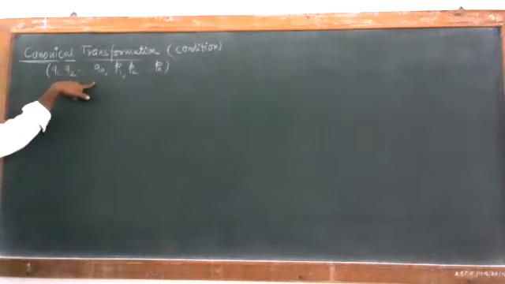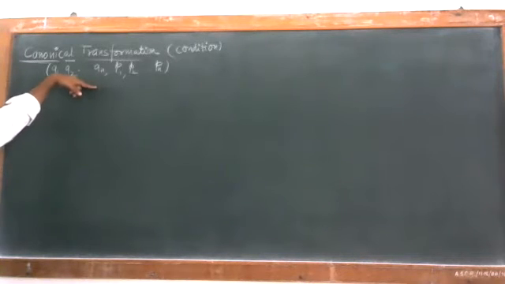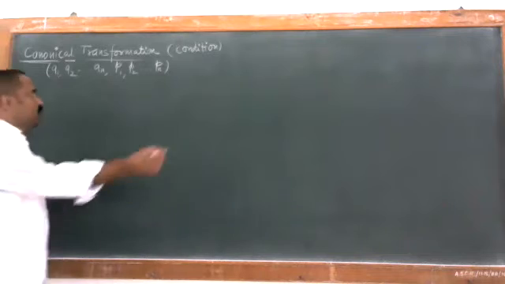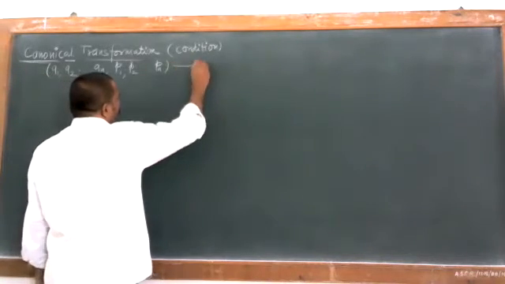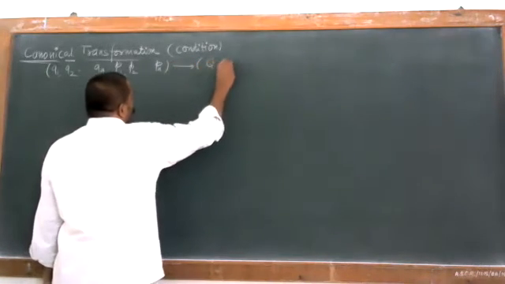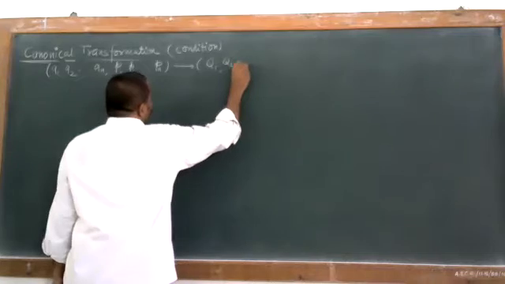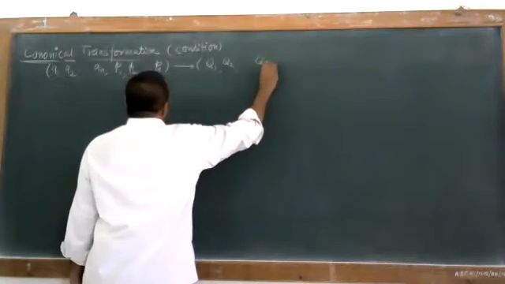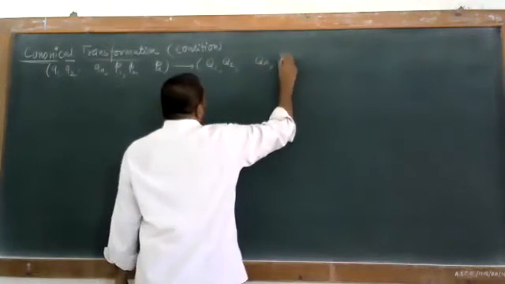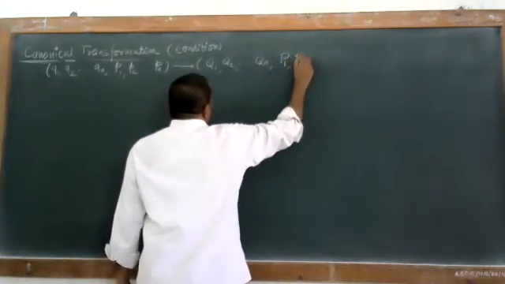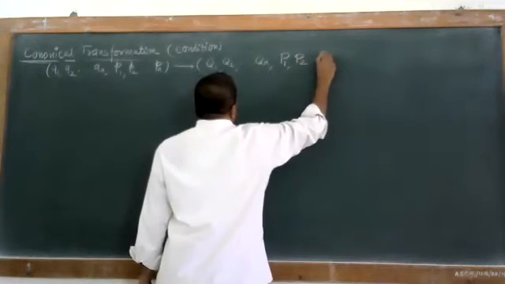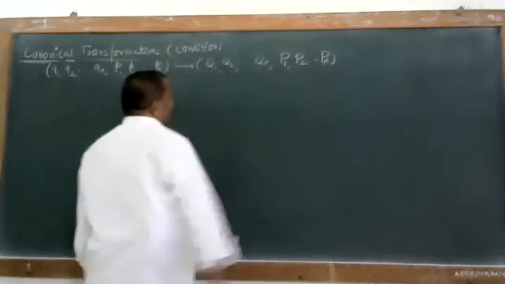So these are nothing but the old variables, and they will have to transform into the new variables, that is capital Q1, Q2 up to Qn, and capital P1, P2 up to Pn.